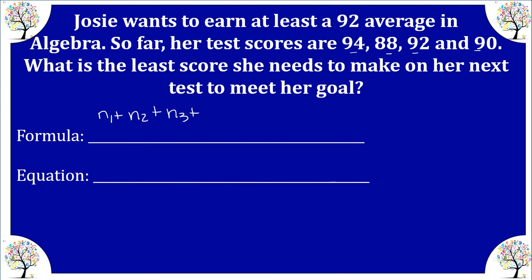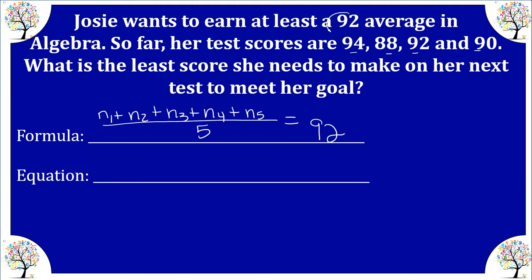So we have 1, 2, 3, 4, plus we're going to have a fifth test. You divide the sum by how many numbers were in your set. So that is going to be 5. And we want our average to equal a 92.